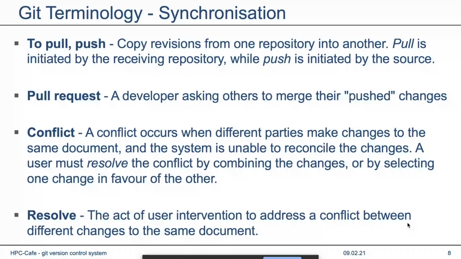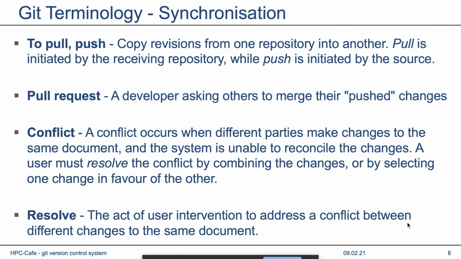This is actually a developer who pushed some changes to a software project, and he asks someone else, hey, I have some changes here, please pull them and merge them into, for example, the main repository where the releases are done.